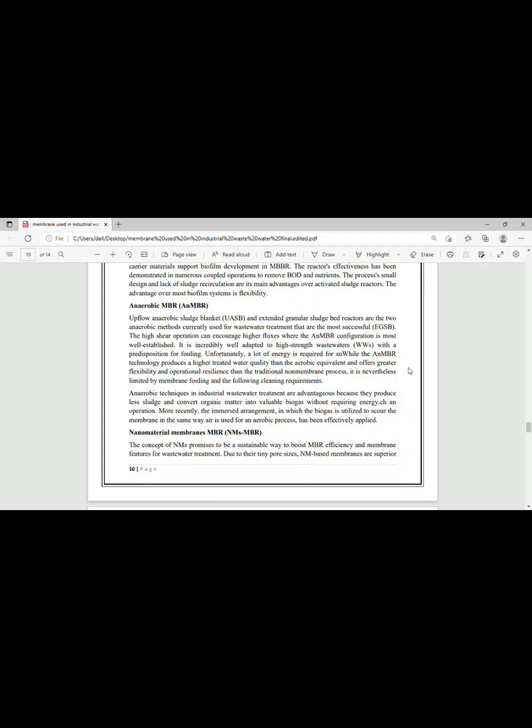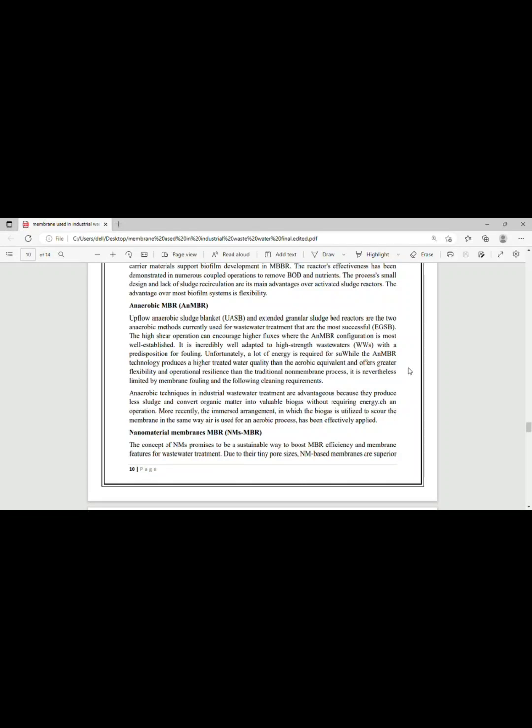In anaerobic MBR, upflow anaerobic sludge blanket and expanded granular sludge bed reactors are the two anaerobic methods currently used for wastewater treatment that are the most successful. The high shear operation can encourage higher fluxes where the anaerobic MBR configuration is most well established.